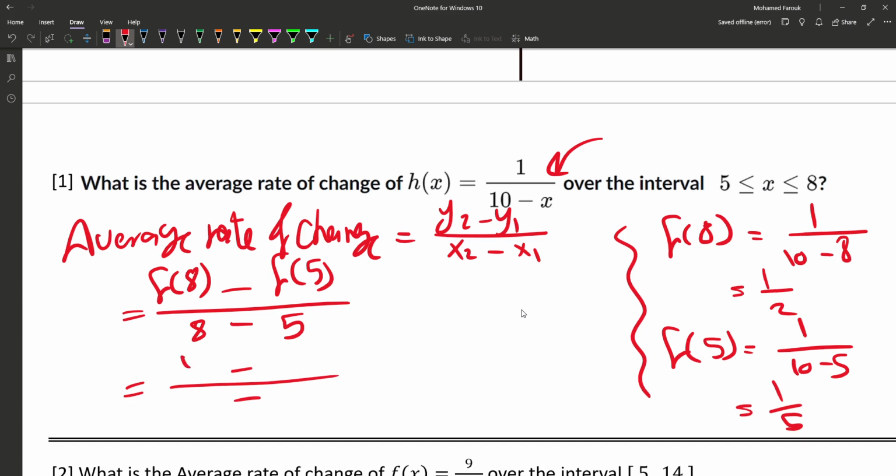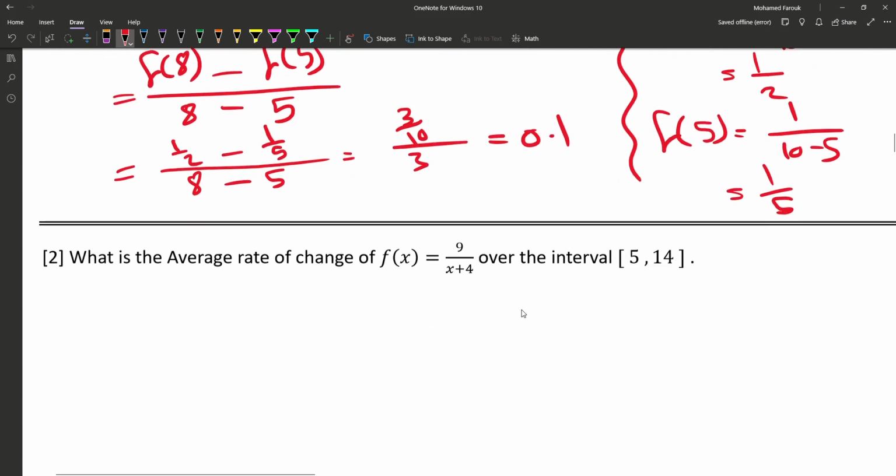So you will have a half minus a fifth over 8 minus 5. This one will be 5 over 10 minus 2 over 10, so it will be 3 tenths over 3, which is 0.1 or 1 over 10.